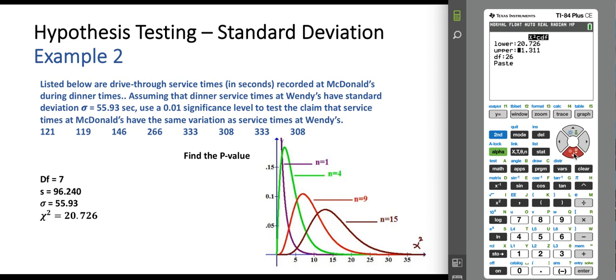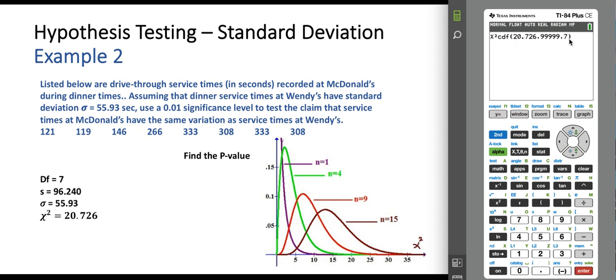The upper bound essentially has to be infinity. There's no end to the chi-squared; it goes on forever to the right. So we have to put something close to infinity, so I'll put five nines there. The degrees of freedom for this problem is 7, and we'll paste that in.